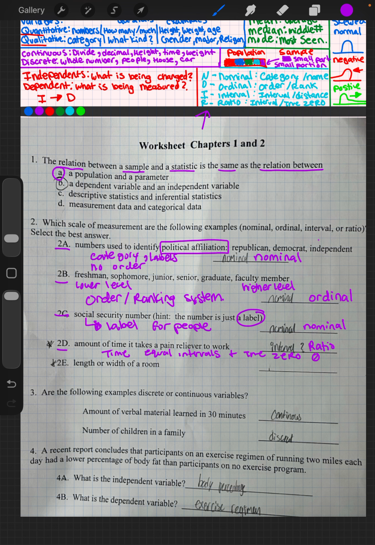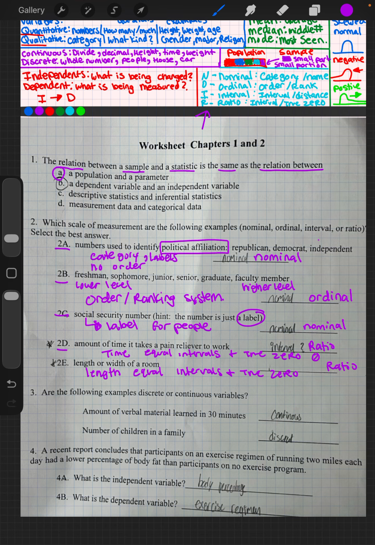The length of the room is going to be the same thing. I'm going to say ratio because a length can have equal intervals and a true 0.